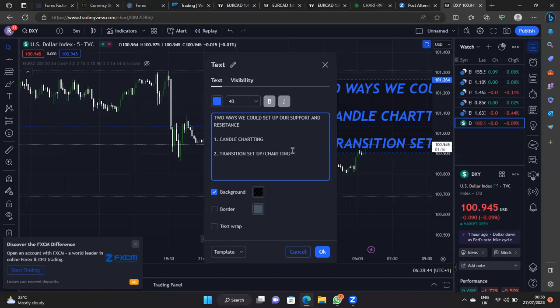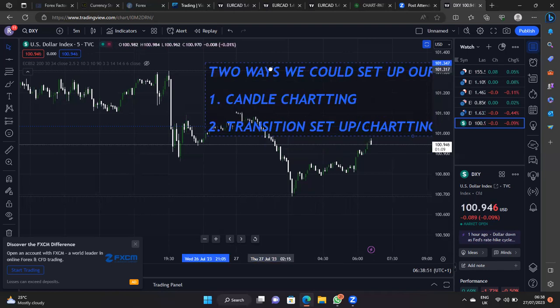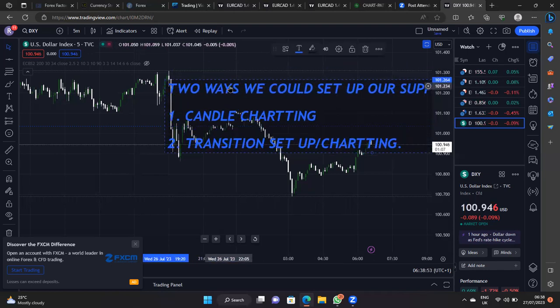All right. So we'll be looking at these two ways. We're doing the first, candle charting, and then transaction setup or charting. So let's get started on it.